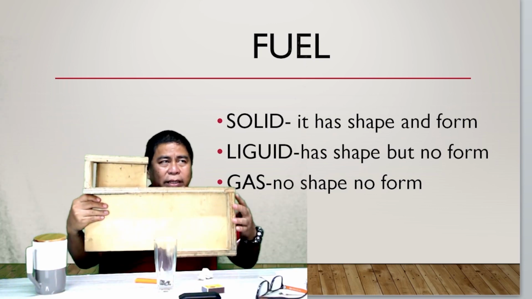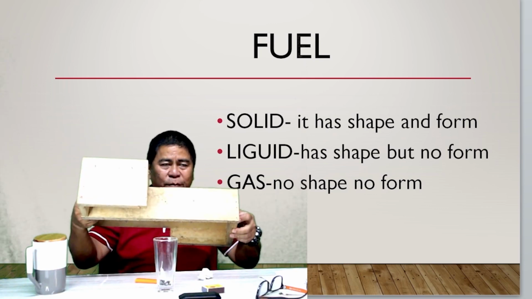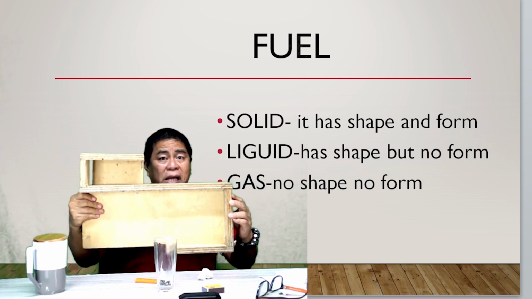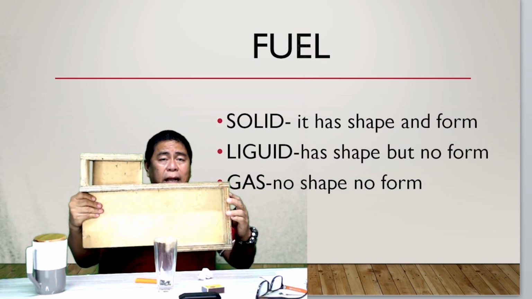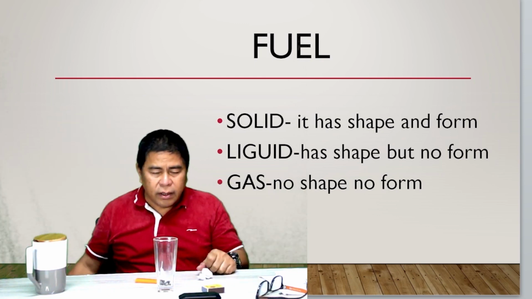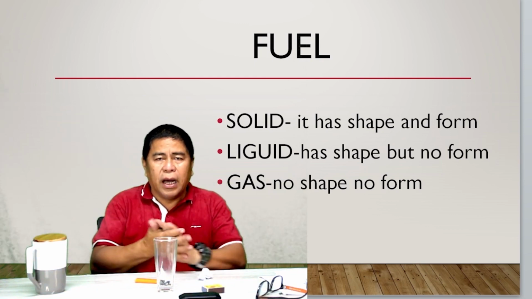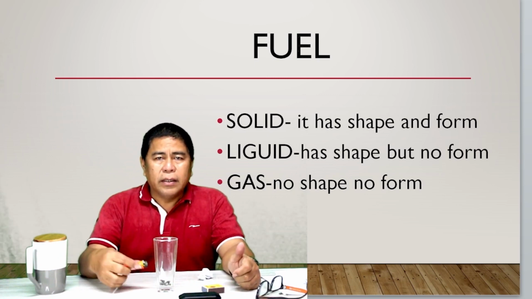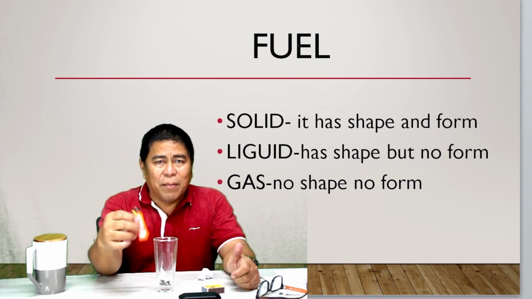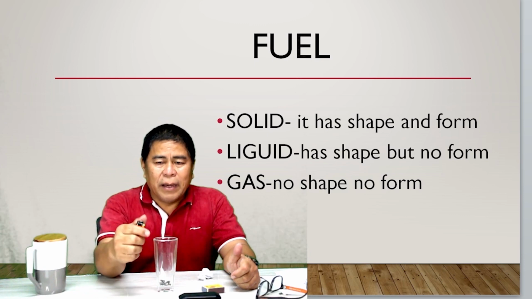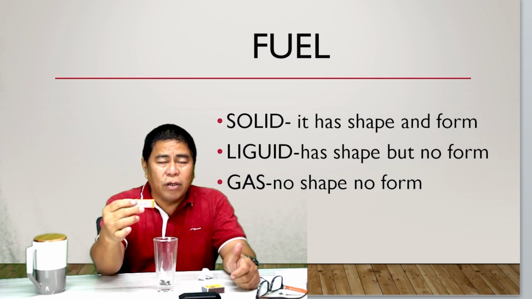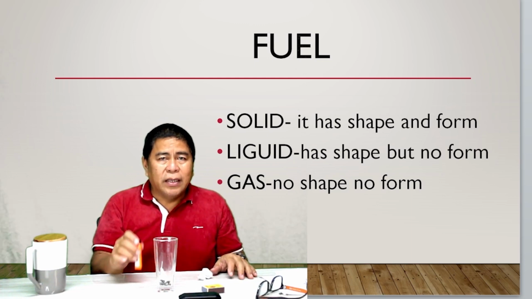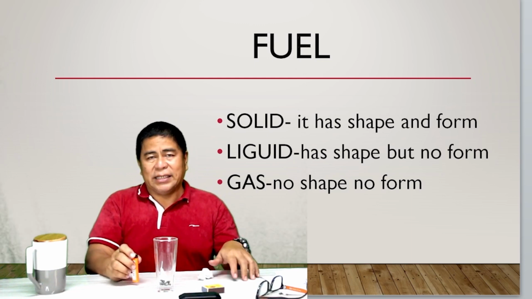Kahoy. It has a shape, it has a form. Nasusunog din ito. Di ba? Siyempre, combustible ang kahoy. Wood. Then, you have liquid. Di ba? Ito, lighter. Di ba? May laman na butane ito. Di ba? Pag gano'n, no? May laman ito. Example, pag yung LPG, liquefied petroleum gas.